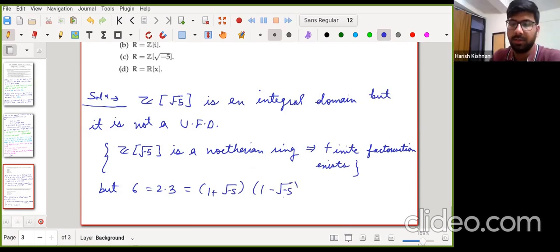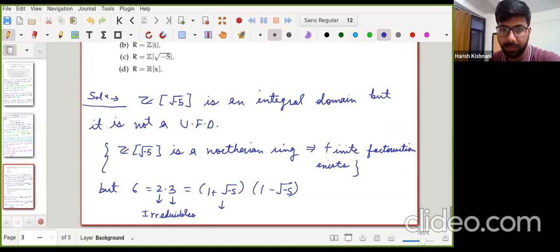And you can see that these two are irreducibles, and here also these two elements are irreducible.